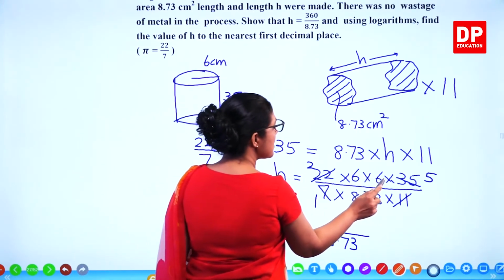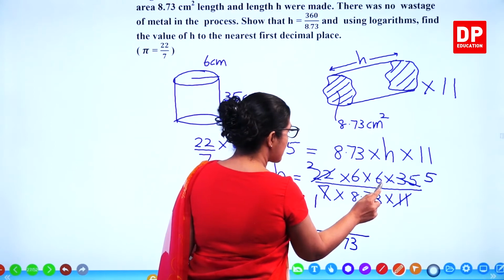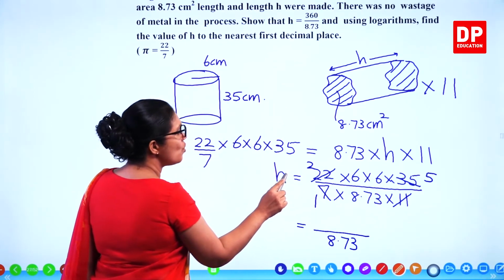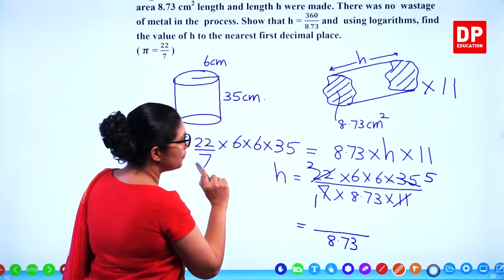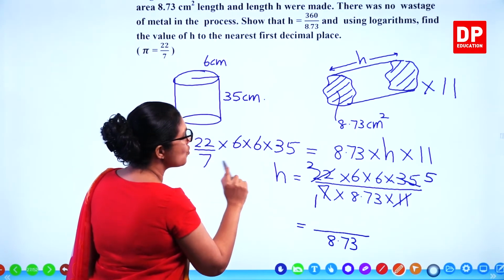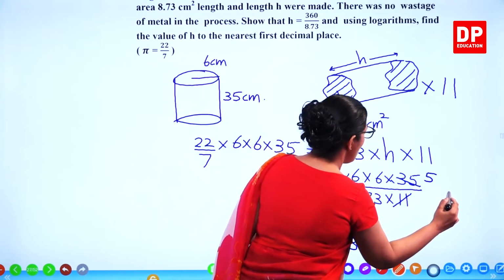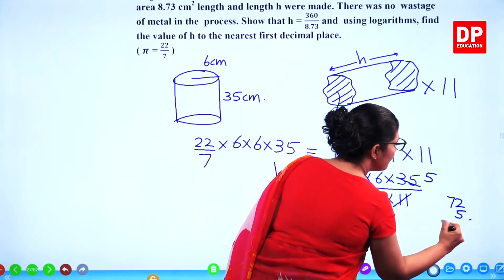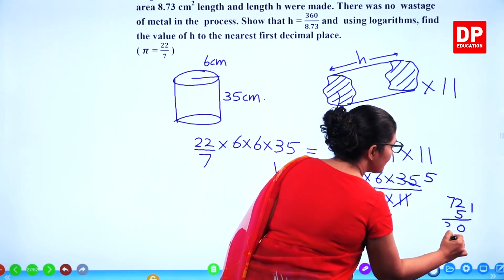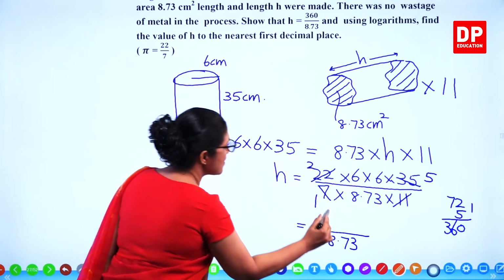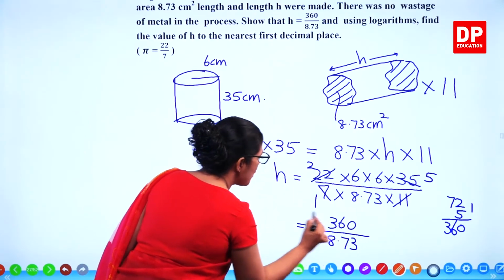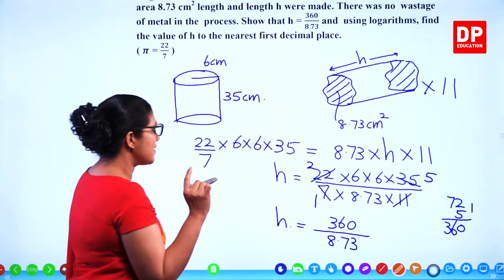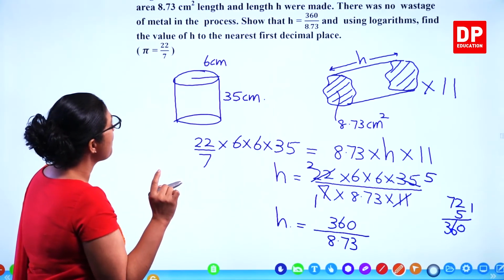Numerator 6 times 6, 36. 36 times 2, 72. 72 times 5, 360. So that's correct. So H equals 360 over 8.73.